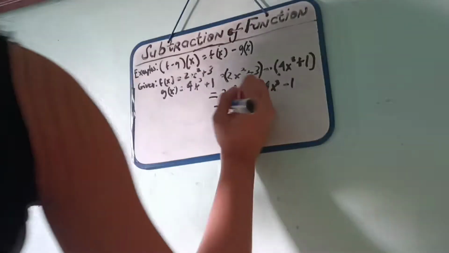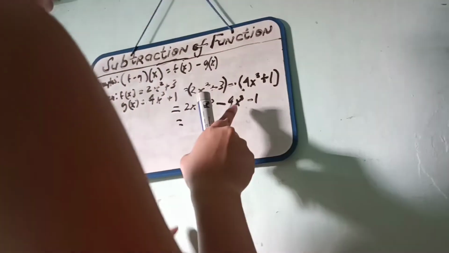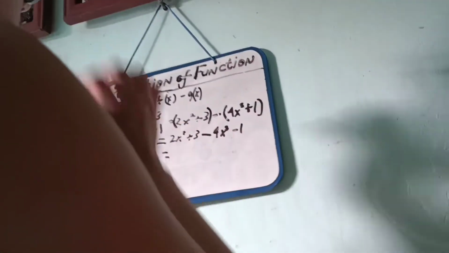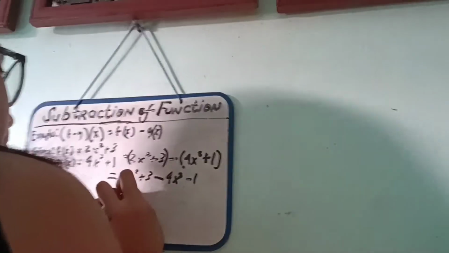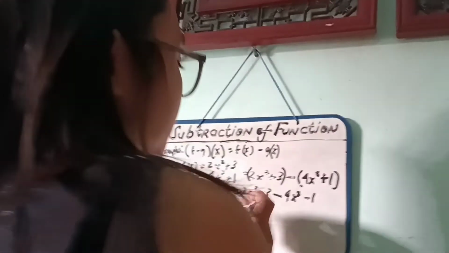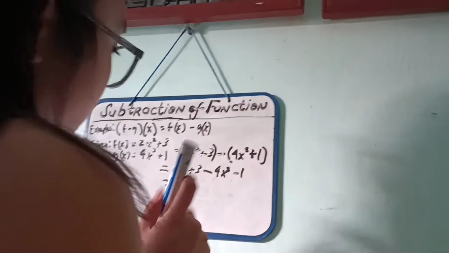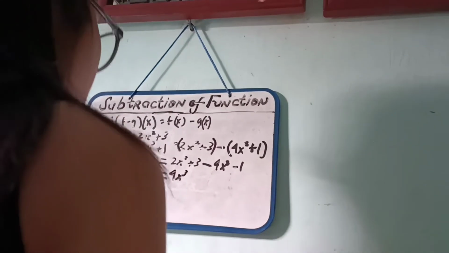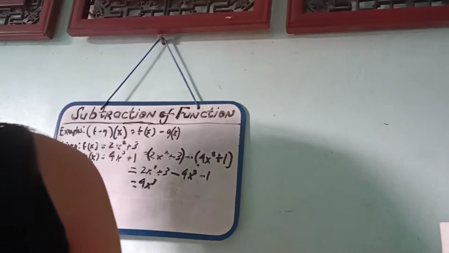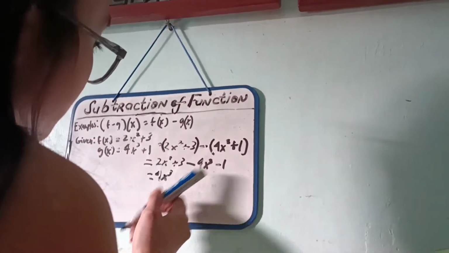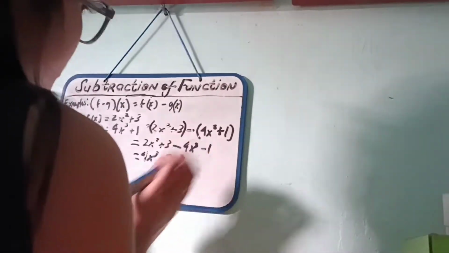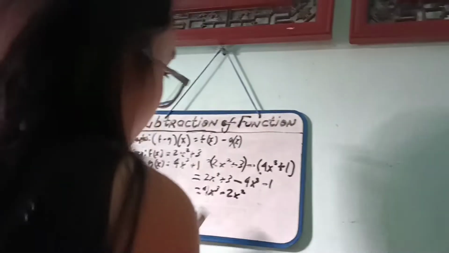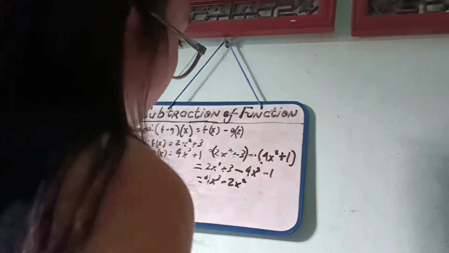So, combine like terms. Ito muna, ilagay natin sa standard form. So, 4x cubed, wala naman siyang same, so copy na lang natin. And next is 2x squared. Wala rin siyang same, so write it na lang, 2x squared. So, ito na nga, positive 3 minus negative 1.